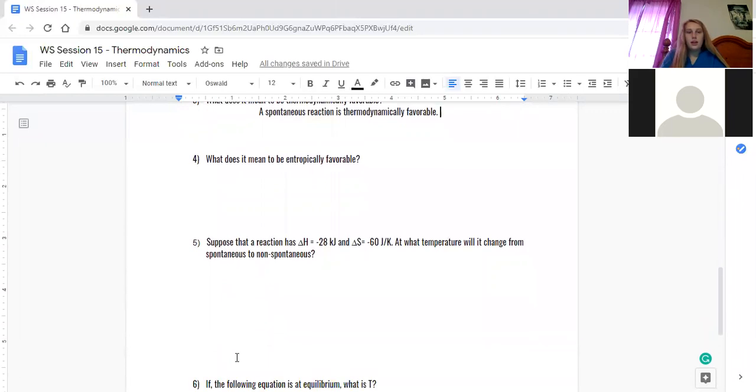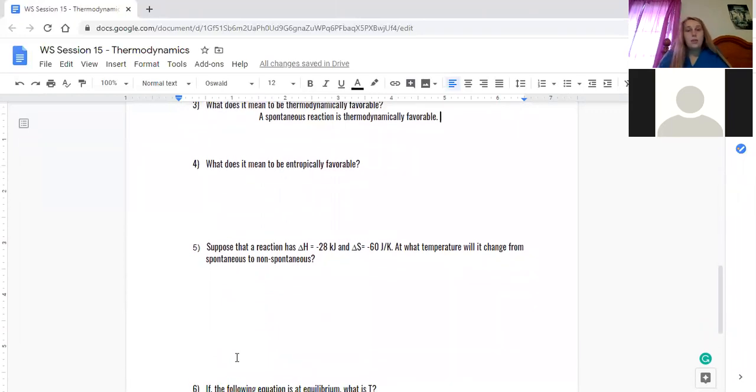What does entropically favorable mean? Entropically favorable, that's probably how you pronounce that. What does entropically favorable mean? So either the products or the reactants are going to have more entropy. Which one has to have more for it to be entropically favorable?